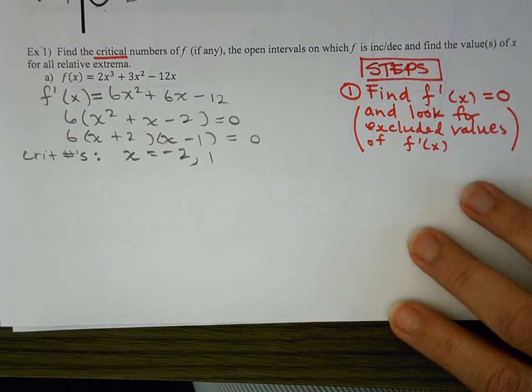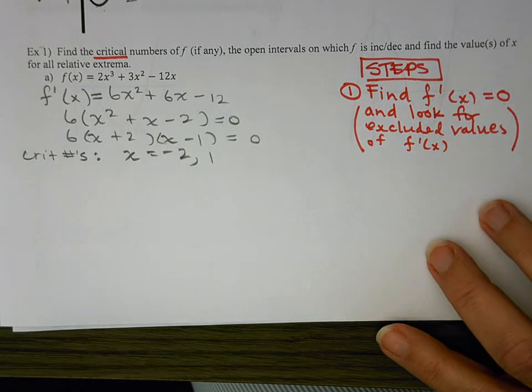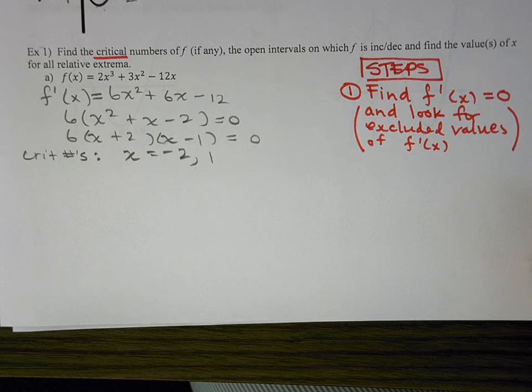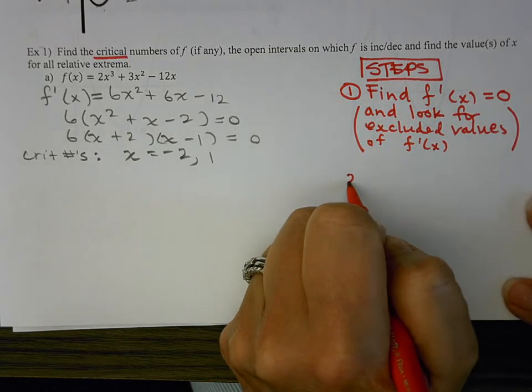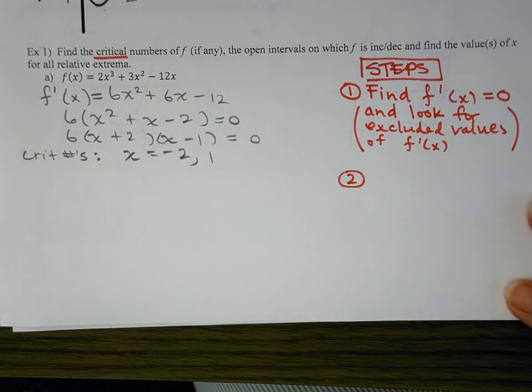All right, and then once I do that, the second thing that I'm going to do is a number line analysis. So we did this in first semester of Honors Math 3, or if you're in Calc AB, same as well, first semester.